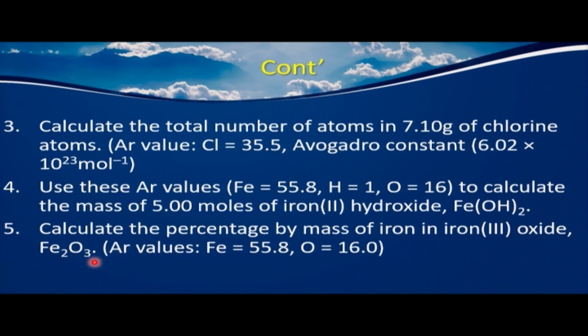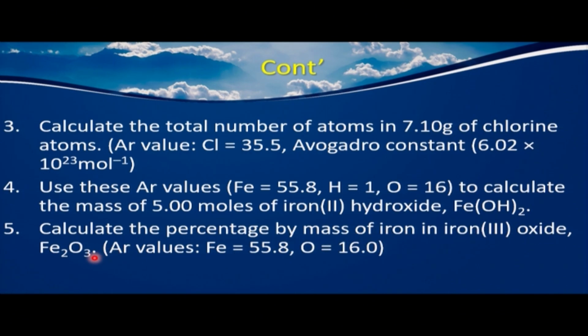Okay, so you can see that there is a certain relationship between what we are studying today and what has been already covered in Senior 1 and Senior 2, okay? There is a certain relationship, so you don't have to forget what we have already covered. And how do we work this out? Percentage by mass, it's the percentage by mass of iron in the compound.